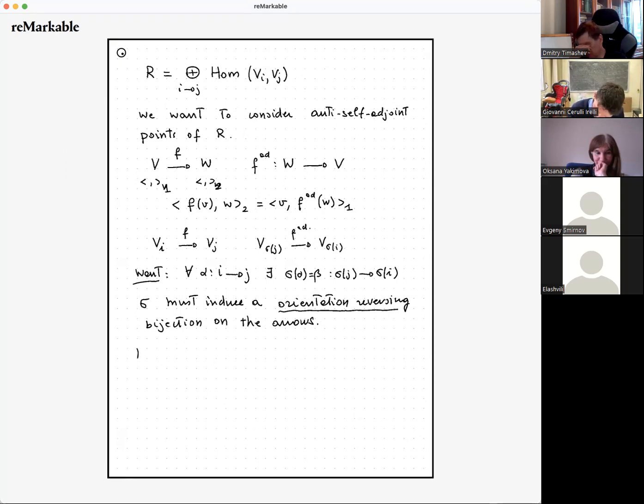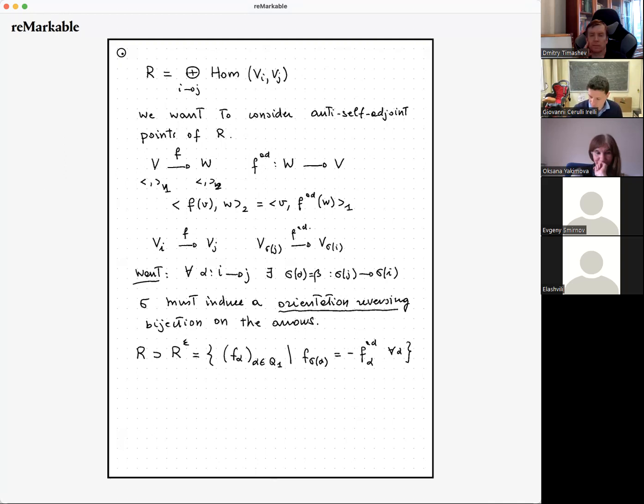Then inside R, we take R_epsilon to be just the variety of f_alpha in R such that the corresponding f_sigma(alpha) is minus the adjoint of f_alpha for every alpha. Okay, so that's the natural generalization of the usual condition. So this means that this f lies in the Lie algebra of the isotropy group.